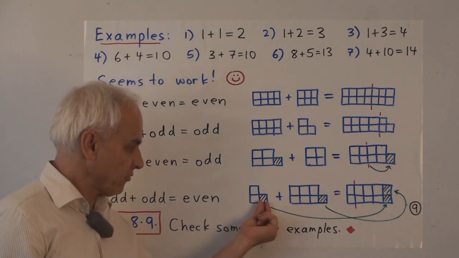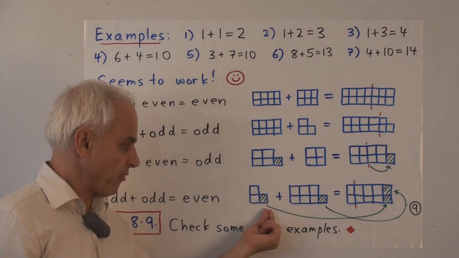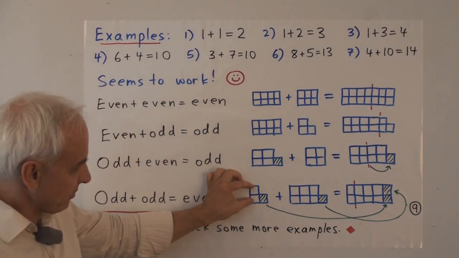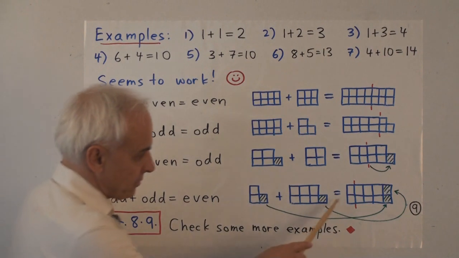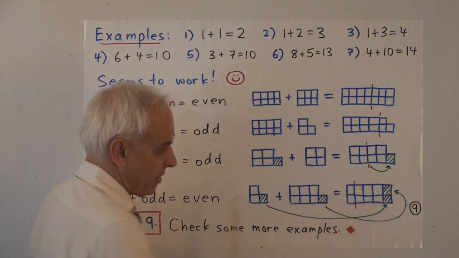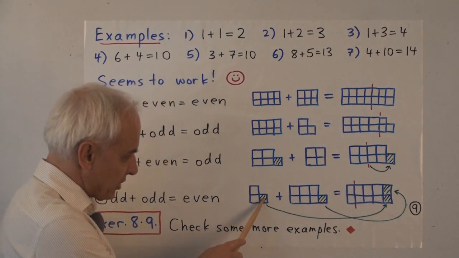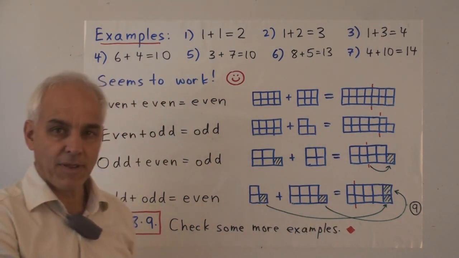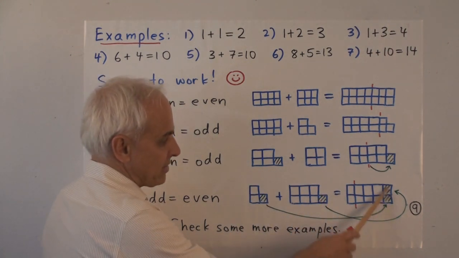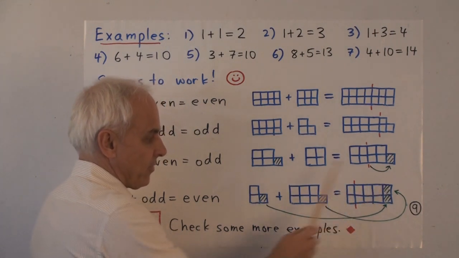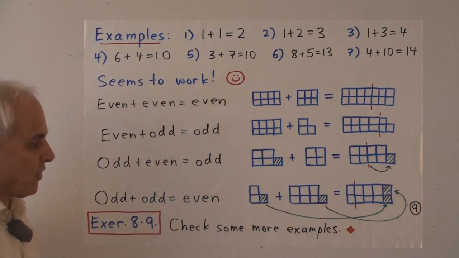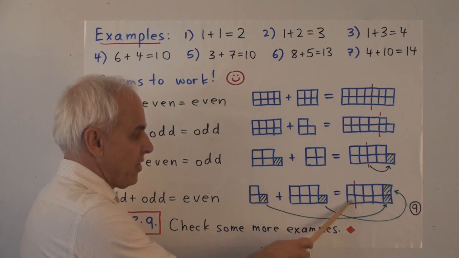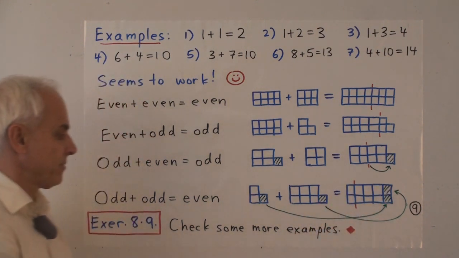Well, we may have to think about removing this square temporarily and moving this rectangle together with this rectangle to form that rectangle there. And then this extra one here can come and join this extra one here, can sit right on top of it to make a nice rectangle with 2 rows. So from 2 odd numbers adding together, we get an even number.